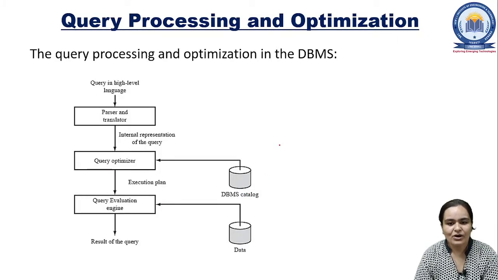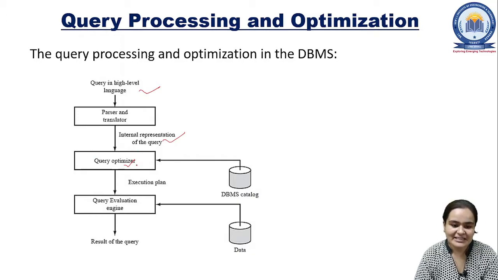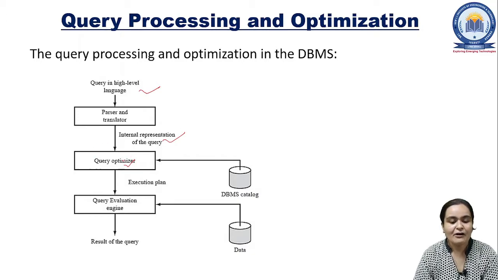This is the overall query processing and optimization in a DBMS as we use it. We pass the query in a high level language. The parser and translator check the syntax and convert it into some intermediate internal representation of the query, and then pass it on to the query optimizer, which gives an effective form of the query to select an execution plan.